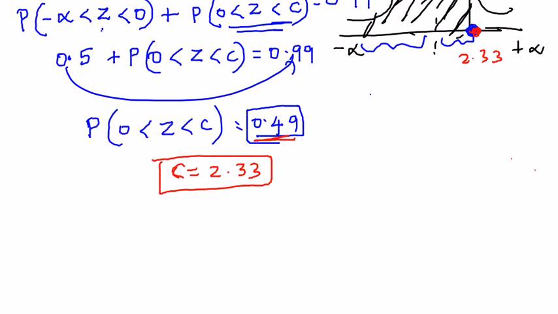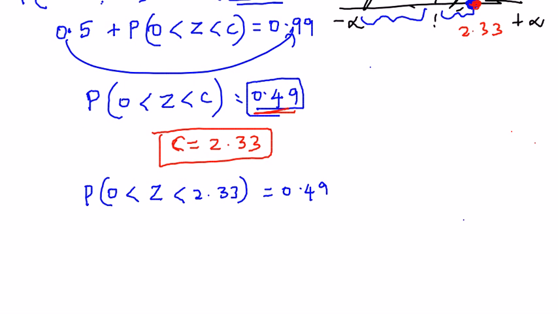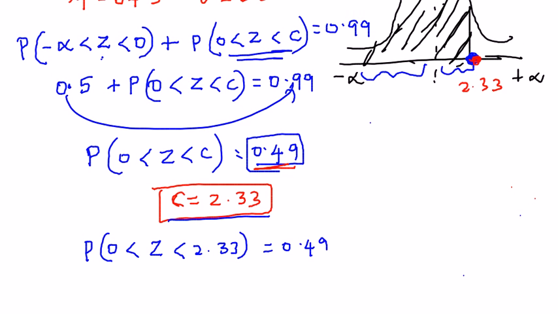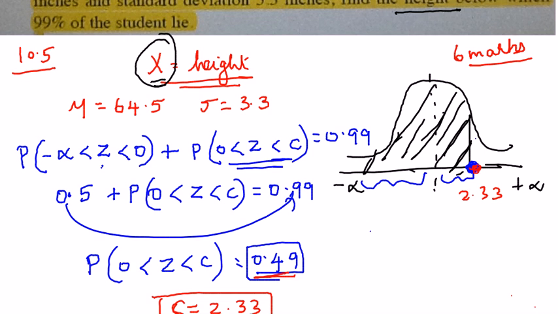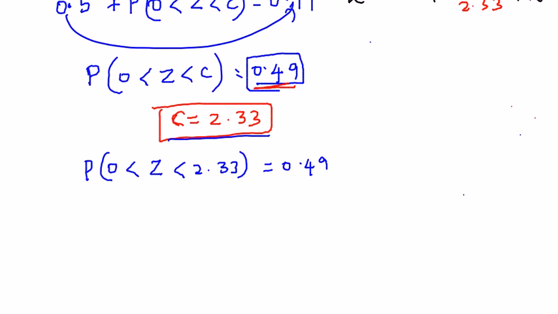So you can write it as probability of z lying between 0 and 2.33 is equal to 0.49. But that is not what we want, right? Good, we have found out c, but what we have to find out is the value of x below which 99% of the students' heights lie, right?